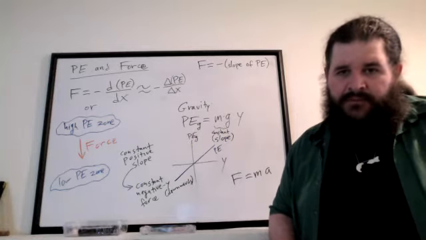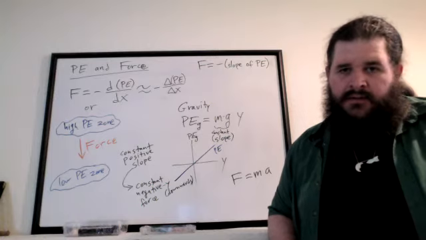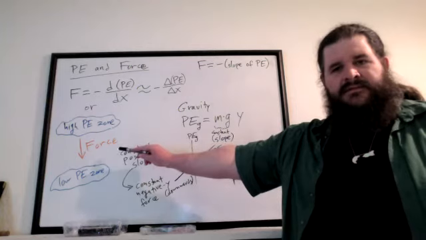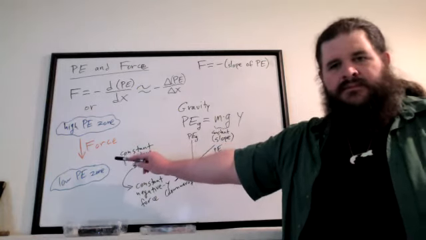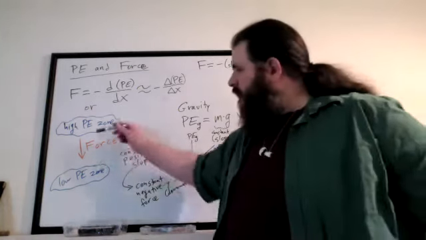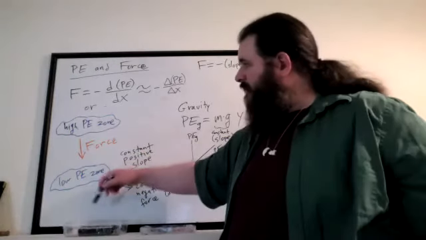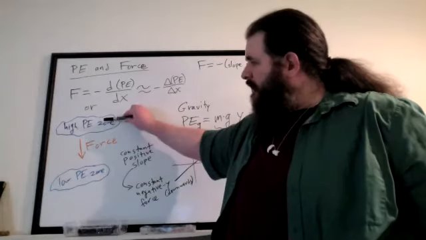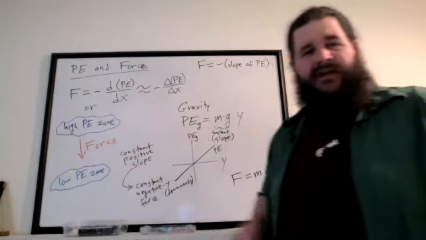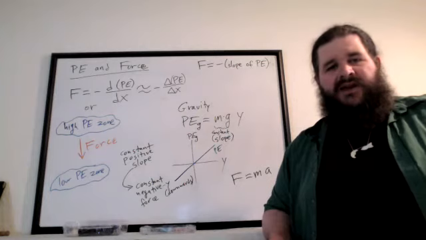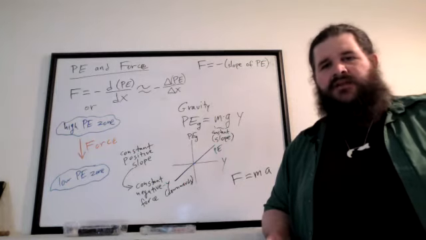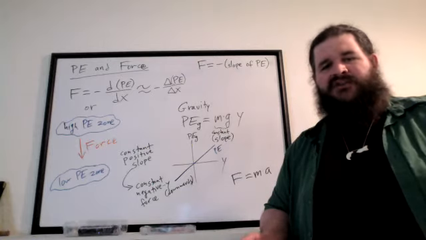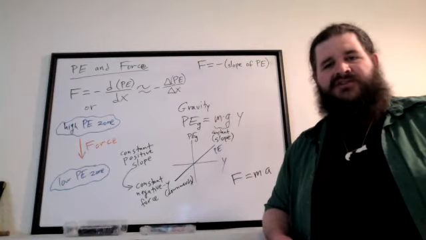If force is pointing upwards, in this case, the force of gravity is pointing downwards because that's the direction from high potential energy of gravity towards low potential energy of gravity. But in any situation, any type of potential energy, the force associated with that type of potential energy will always be pointing from the high potential energy zone towards the low potential energy zone.